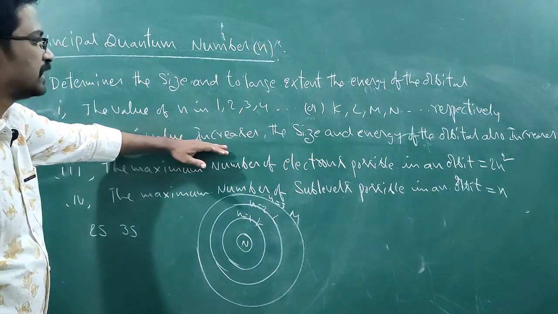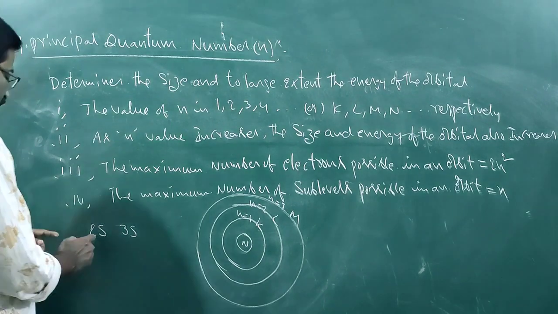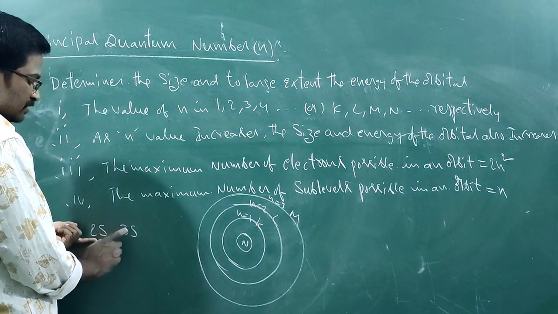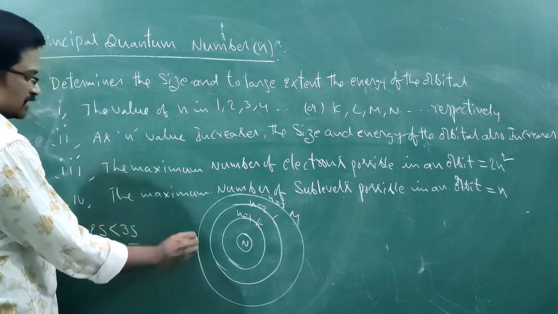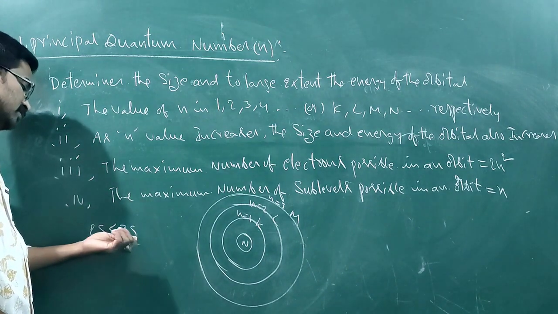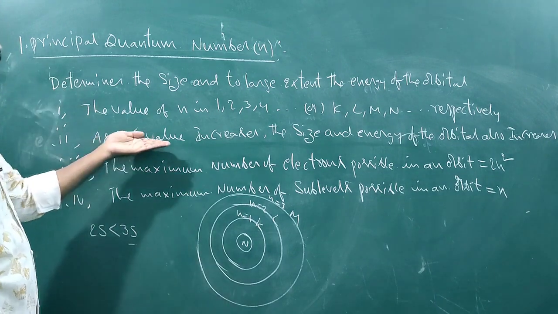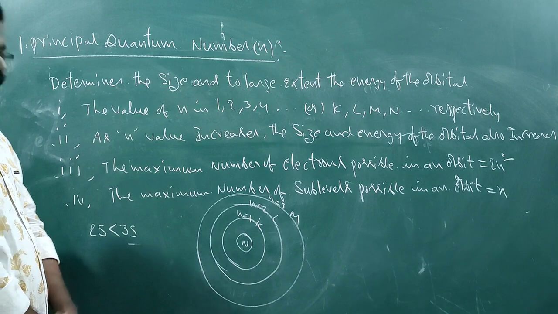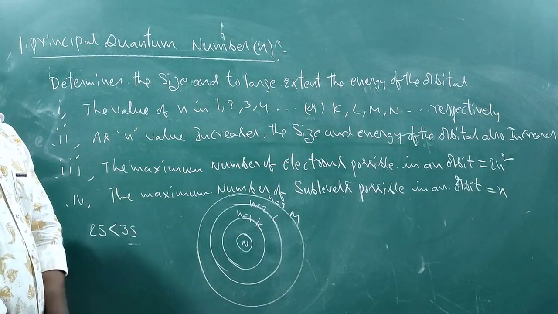As n increases from 2s to 3s, the size of the 3s orbital is bigger and the energy of the 3s orbital is also greater than 2s. This one has greater size and greater energy.